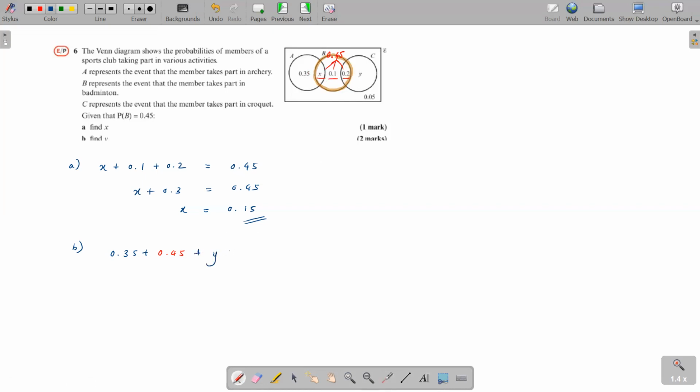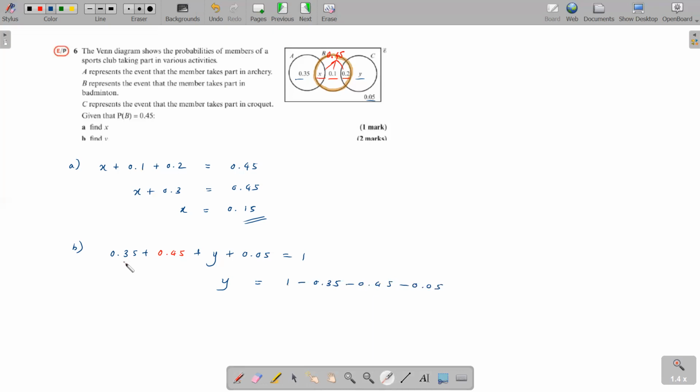Plus y. That's this part: 0.35 plus 0.45 plus y plus the outside part, 0.05, must be equal to 1, because I have taken all the regions. When I take all the regions, the total probability must be equal to 1. So now what? Make y the subject. When you make y the subject, it's 1 minus 0.35 minus 0.45 minus 0.05.